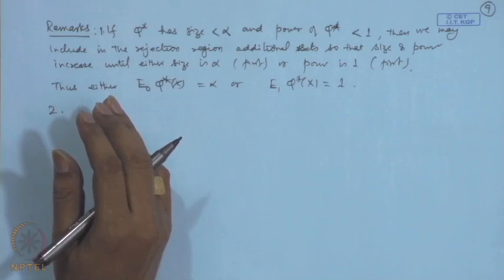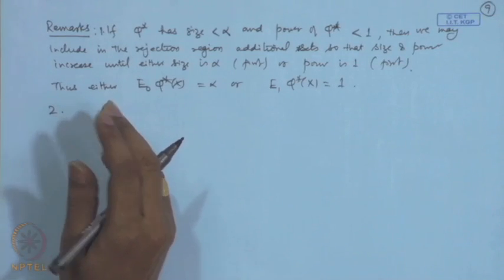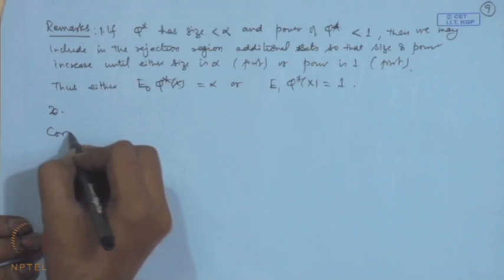However, the size is still alpha. So, therefore, this does not make any difference here.